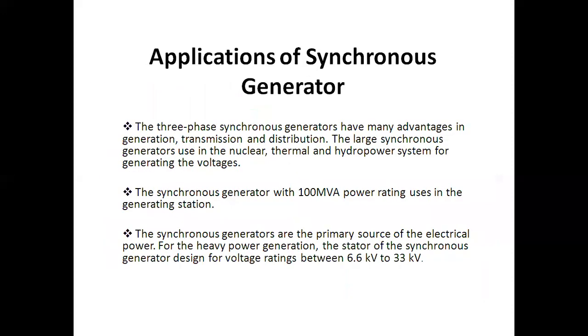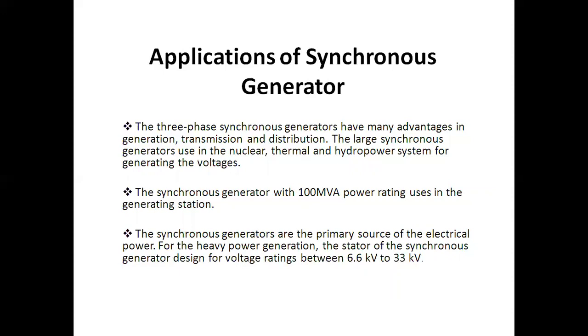The applications of the synchronous generator are as follows. Three-phase synchronous generators have many advantages in generation, transmission, and distribution. Large synchronous generators are used in nuclear, thermal, and hydro systems for generating voltages. A synchronous generator with a 100 MVA power rating is used in a generating station.